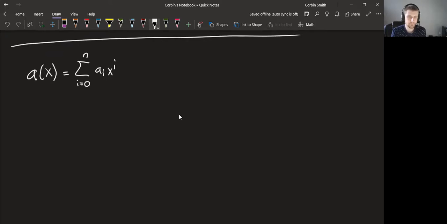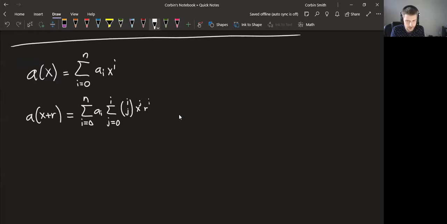So then a of x plus r is going to be equal to the sum from i equals 0 to n of ai, and then I'm just going to use the binomial theorem right away, the sum from j equals 0 to i of i choose j times x to the j r to the i minus j.